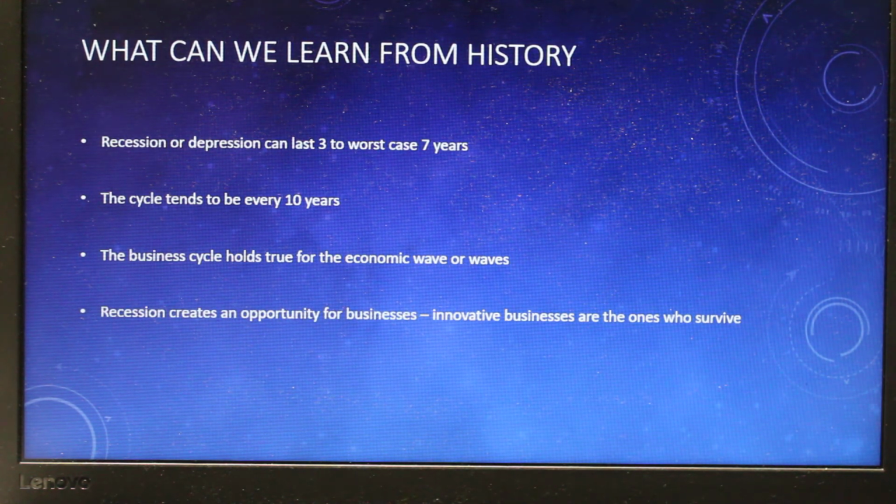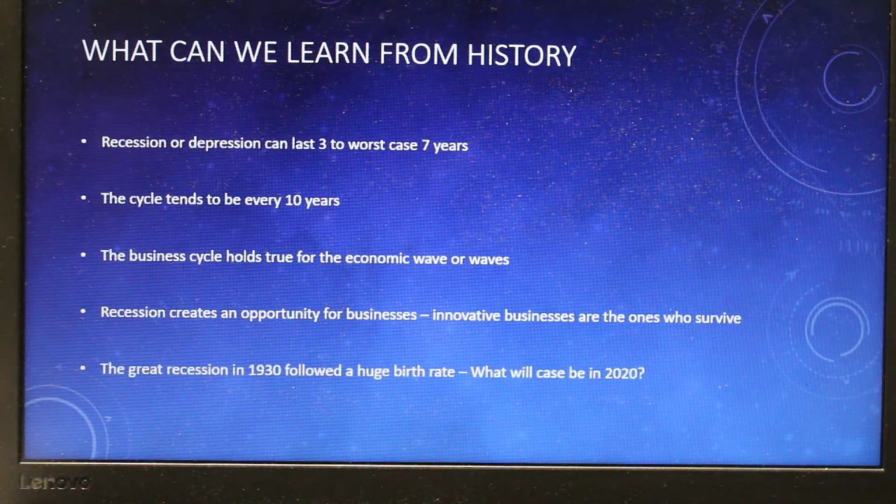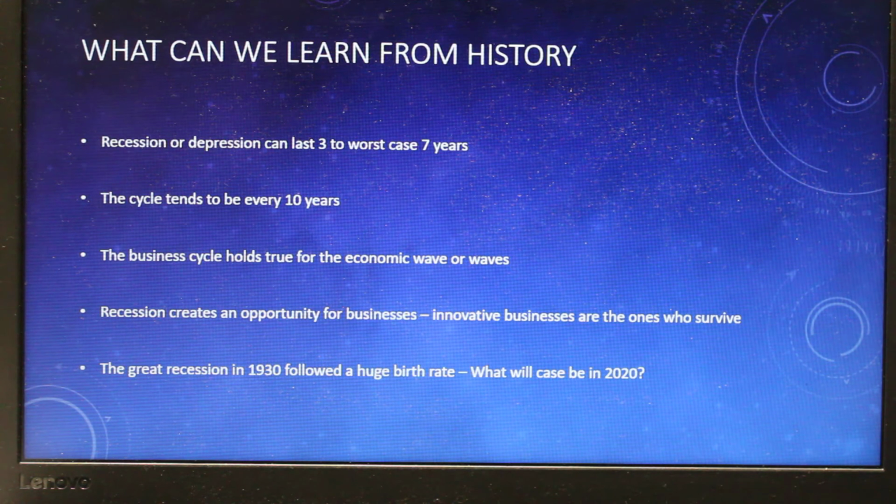Recession creates opportunity for businesses. So those businesses that can innovate are the ones who will survive when a recession or depression sets in. The Great Recession in the 1930s was followed by a huge birth rate. Now in 2020, a lot of people are staying home.